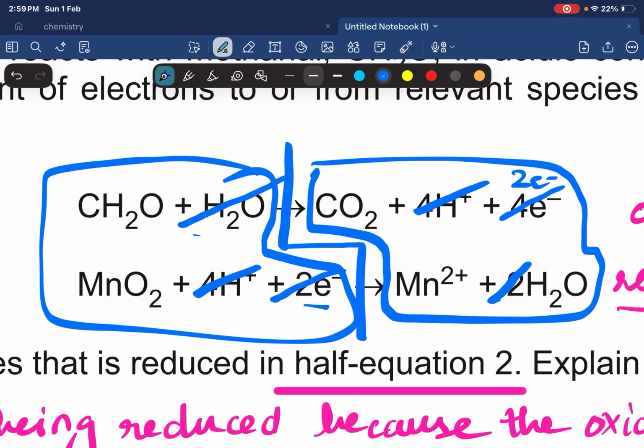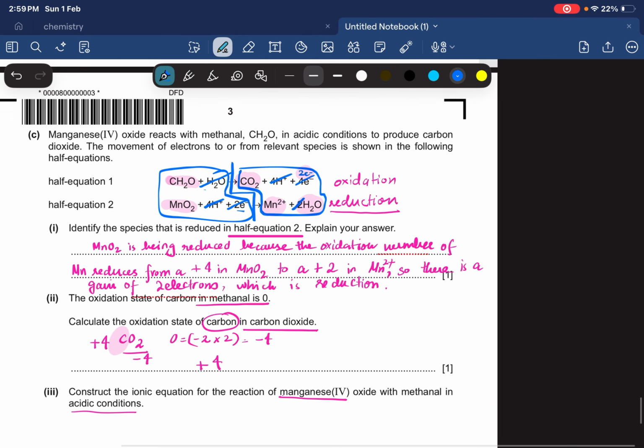I have 3 species left on this side, carbon dioxide, Mn2+, and 2 electrons, and 1 water on this side. That's exactly what I'm going to copy below now.